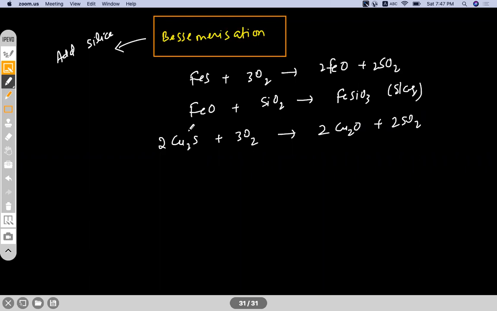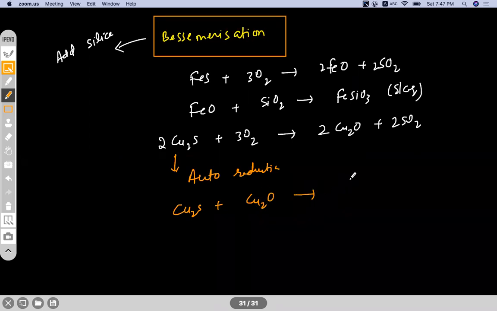Okay. Now you see, it goes under auto reduction next. What was auto reduction? This Cu2S sulfide and Cu2O copper oxide react and it converts into Cu and sulfur dioxide is removed.